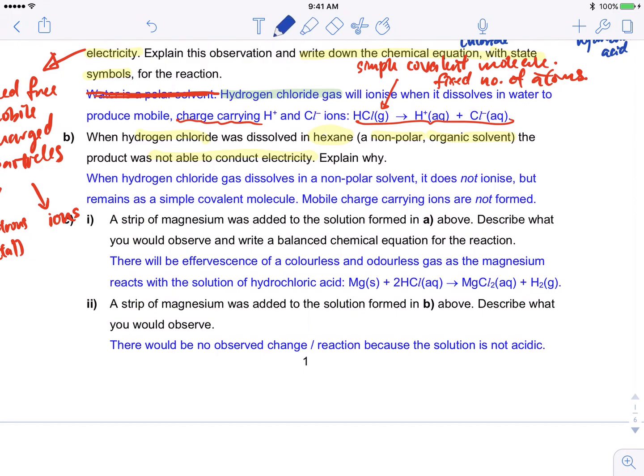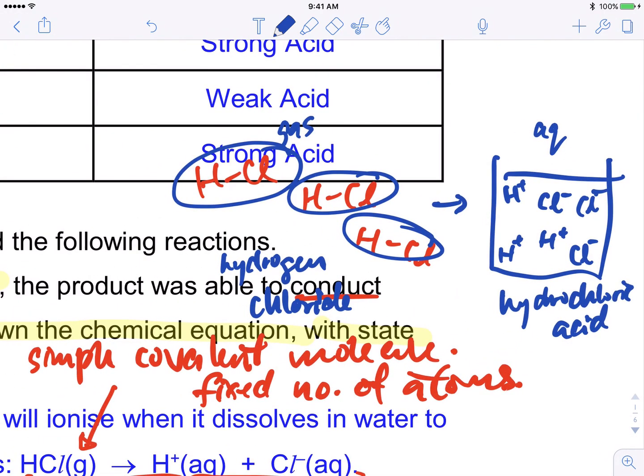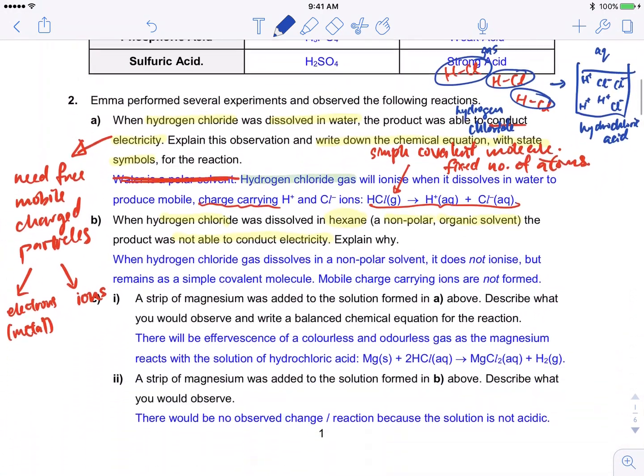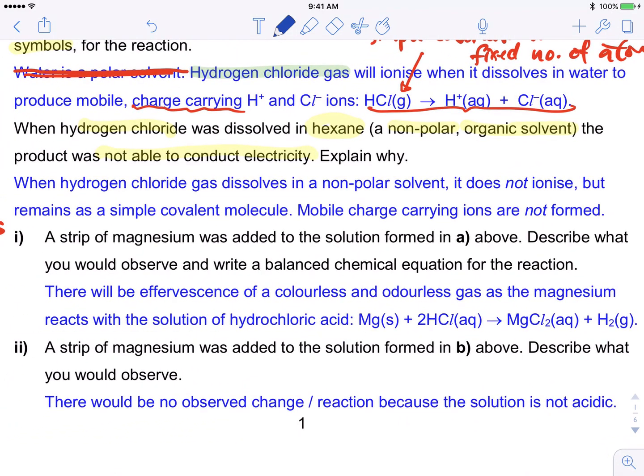Why is that so? Because HCl only ionizes in water, not in any other solvents. Since it doesn't form ions, it cannot conduct electricity. So: does not form ions, hence no mobile ions and cannot conduct electricity.